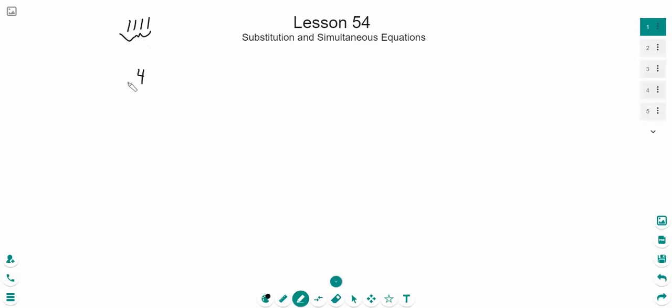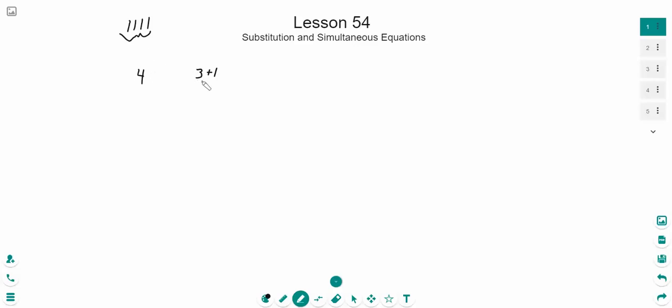Now, there are multiple ways that we could express symbolically this many items. One way is to express it with the symbol 4. Another way might be to express it with an expression such as 3 plus 1. That would also have the value of 4.